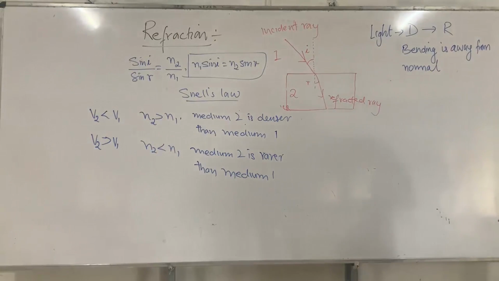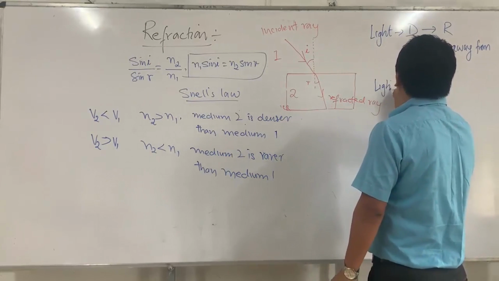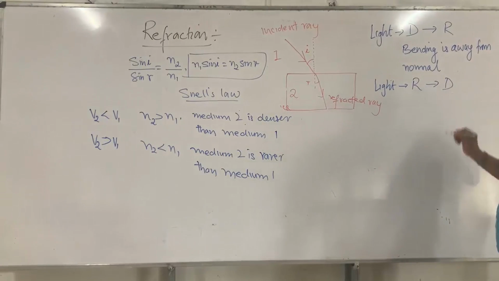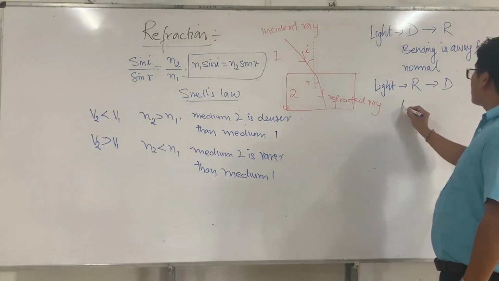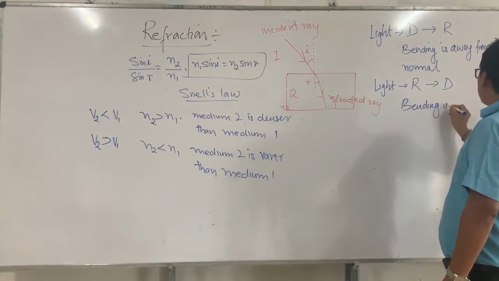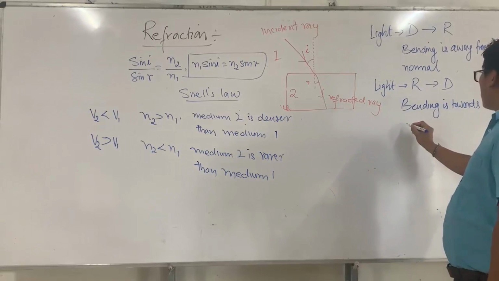If a light goes from rarer to denser, this is an example of rarer to denser, then bending is towards normal.